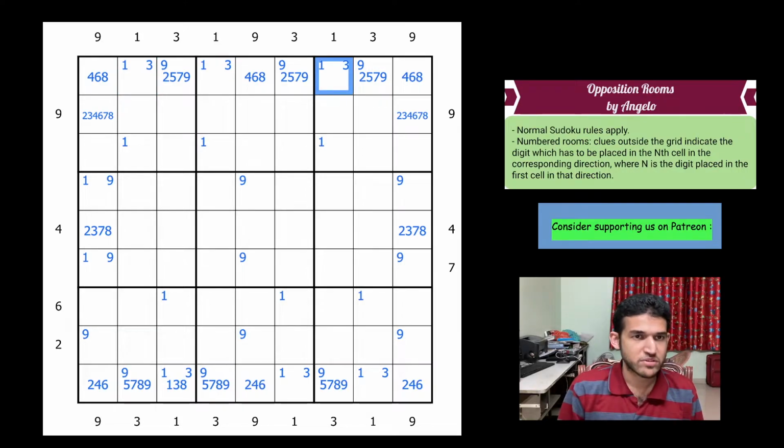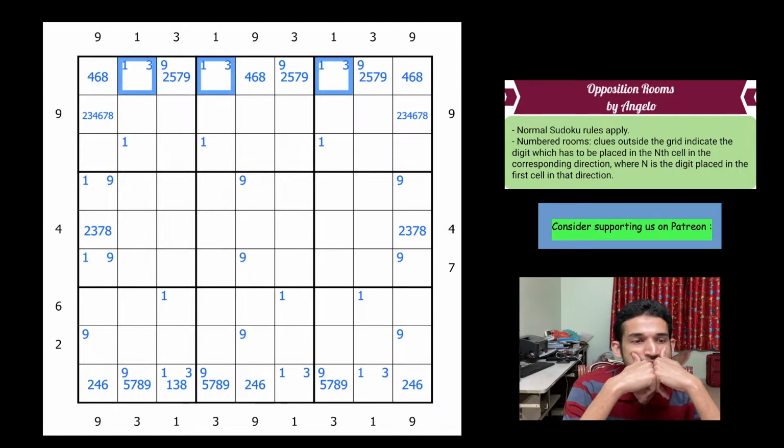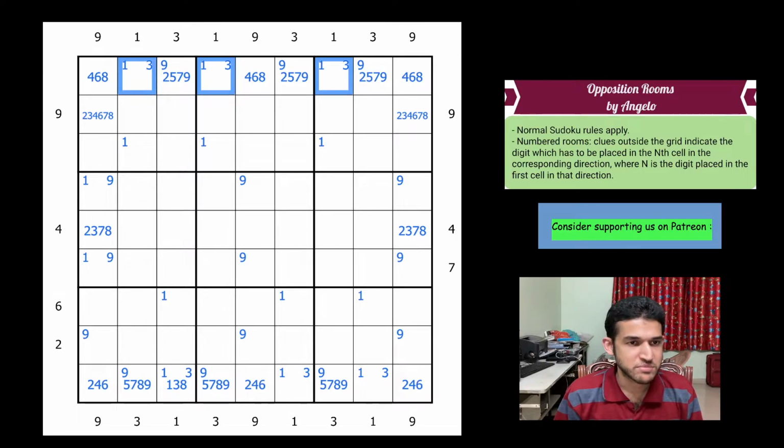Could I write some possibilities in any of these cells? Okay, this would be a good cell to make pencil marks because 4, 5, 6 are eliminated. It can be 1, 2, 3, 7 and 8.